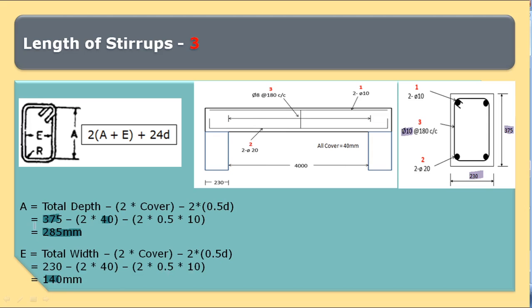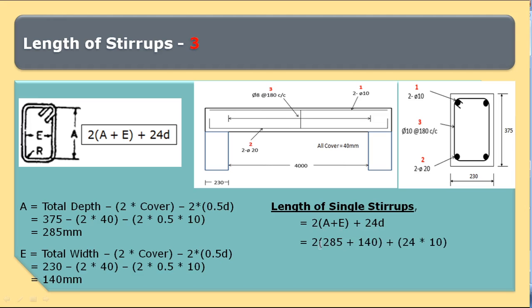We'll substitute this value of A and E in this equation and calculate the length of a single stirrup. So the length of a single stirrup is equal to 2 into (A plus E) plus 24D. We have 2 into (285 plus 140) plus 24 into 10, that is the diameter of stirrup reinforcement.